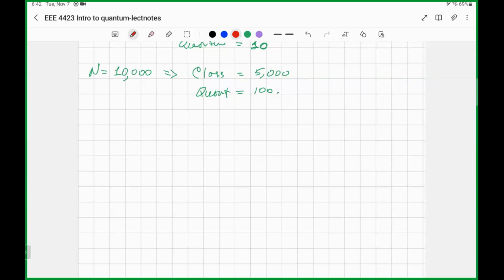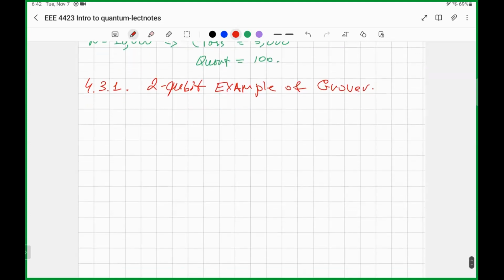This is the case of a two qubit circuit. Okay, so section 4.3, let's say, the 2 qubit example of Grover.